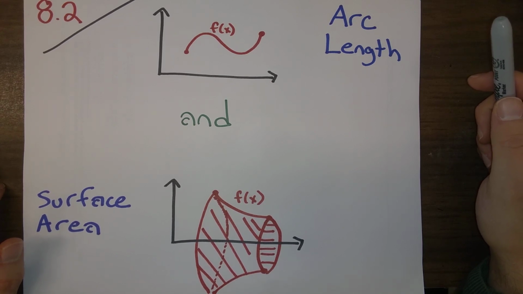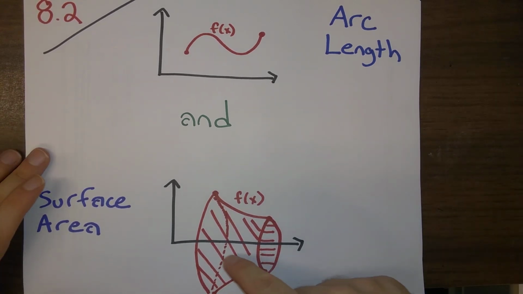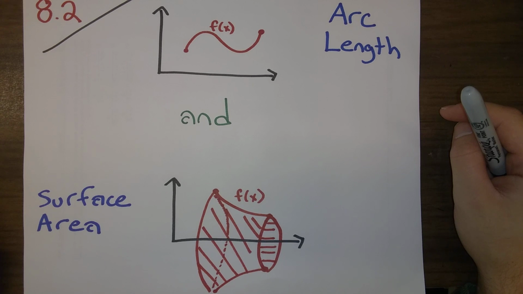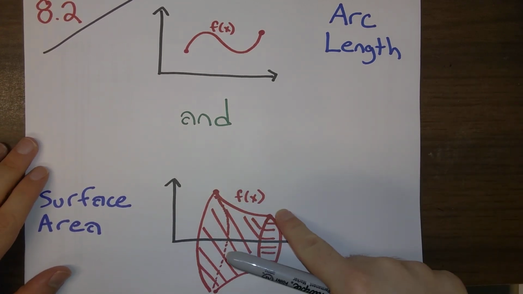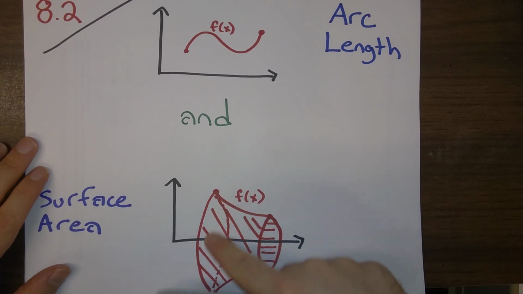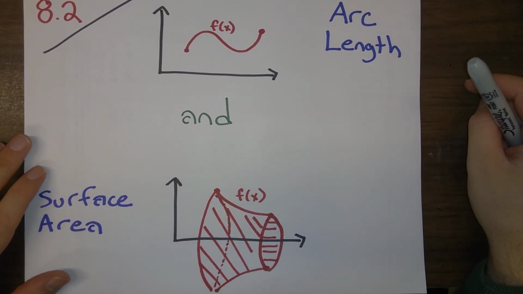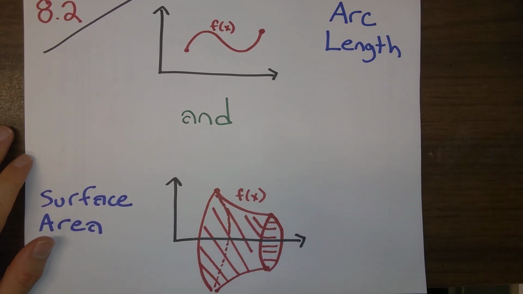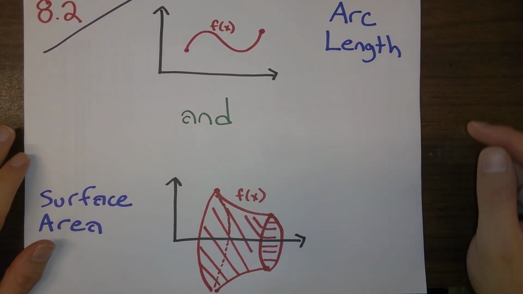And a similar question that we'll look at later in the section is surface area of a solid of revolution. So back in section 6.3 and 6.4, of course, we would take some curve, take the area under that curve and revolve it around some axis, and we would find the volume of that solid of revolution.